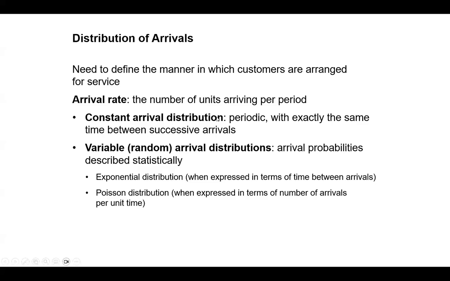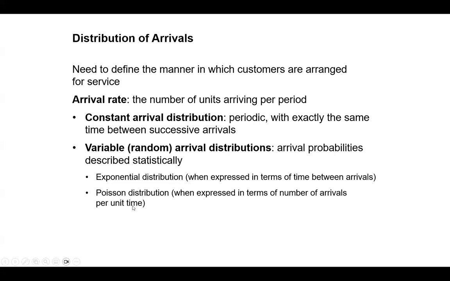But we know that in most situations in reality, the number of arrivals is variable, random. If it's random, we can consider two distributions here. In most situations, arrivals may follow an exponential distribution or a Poisson distribution.